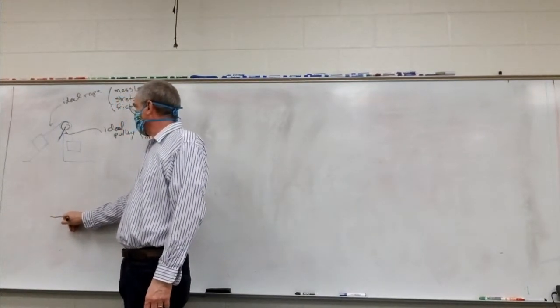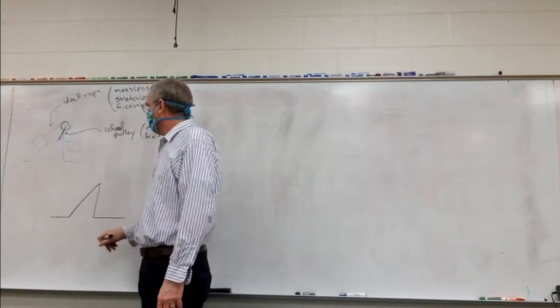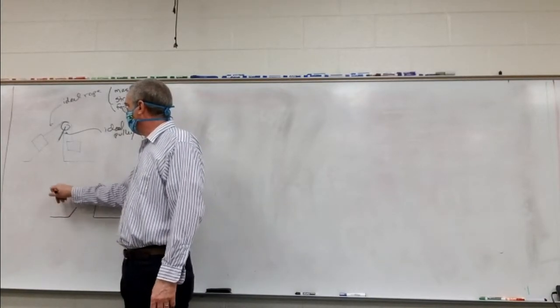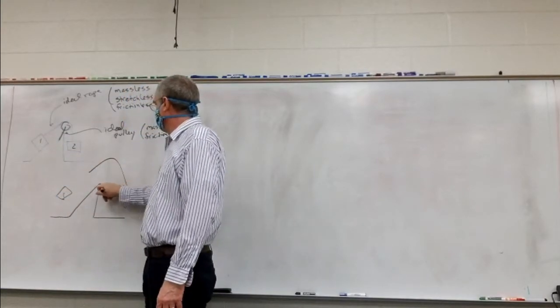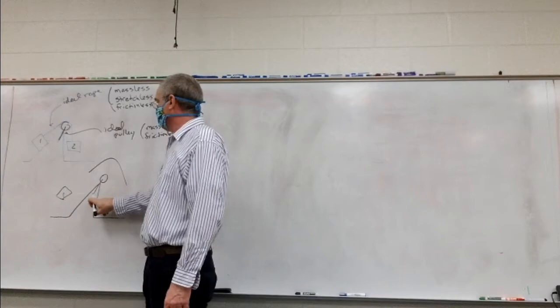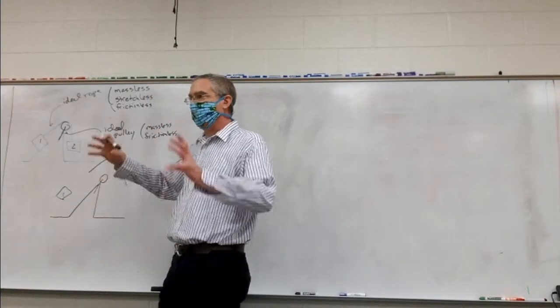So our objects, we call this box 1 and box 2. I have a rope. The pulley I'm making part of the ground, so the ground, ramp, and pulley are all one object.